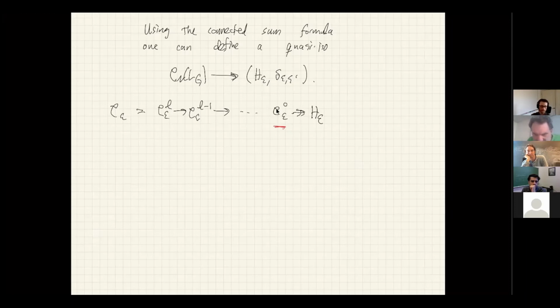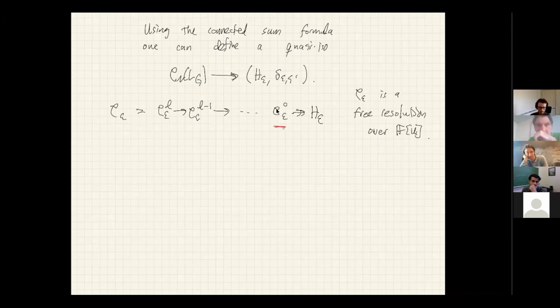Each of these C_ε is a free resolution of H_ε over this ring F[U].